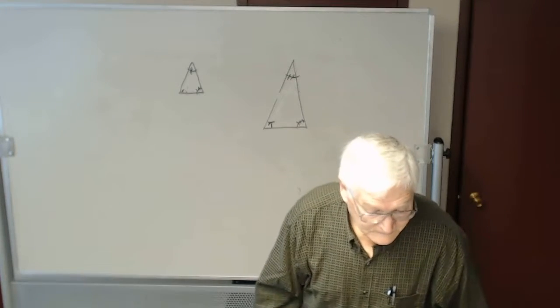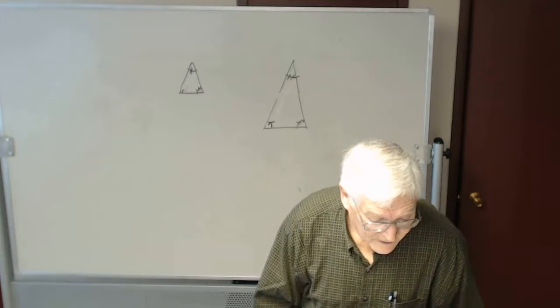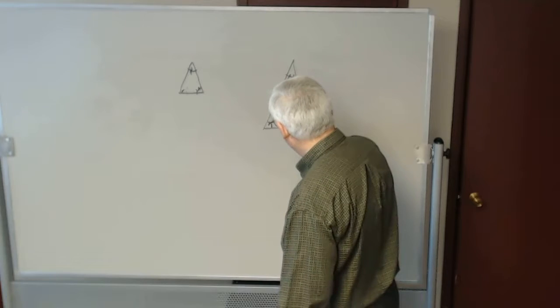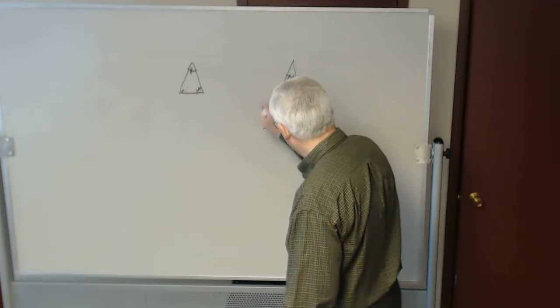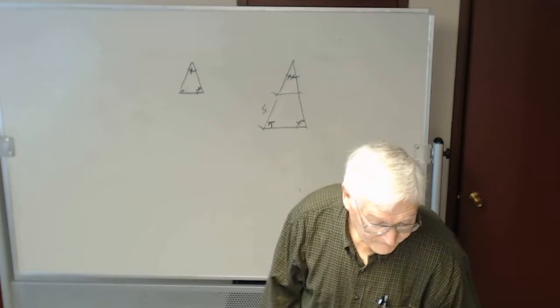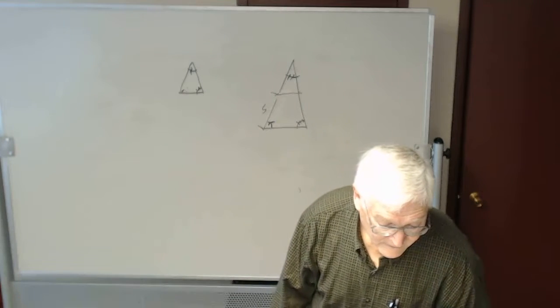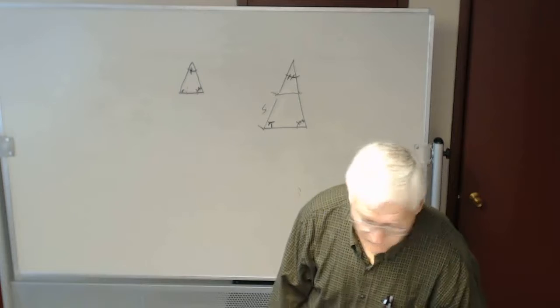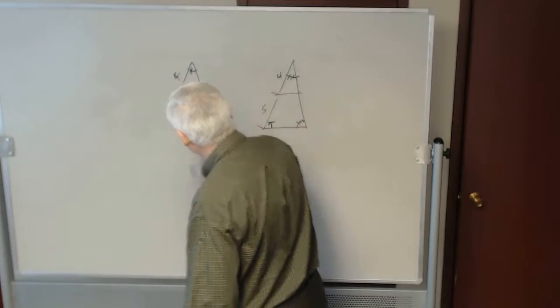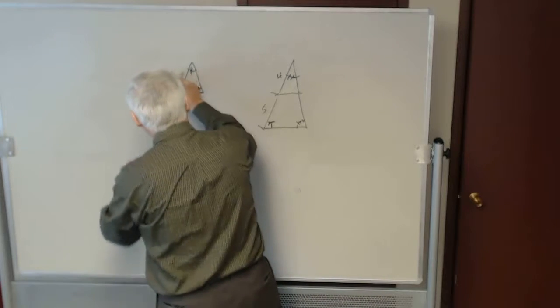So now, look at problem 30. AP is 5. So that means right here, this is 5. PC is 4. This is 4. That makes this 4, doesn't it? Everybody follow what I'm doing?